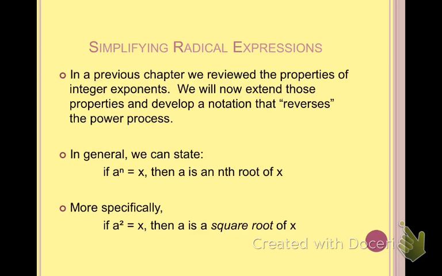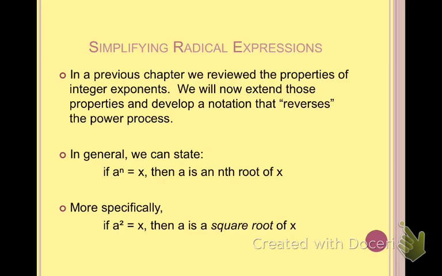Now, previously, we looked at the properties of integer exponents. Now we're going to extend those properties and talk about a notation that's going to reverse that process. So in general, we can state that if a to the n equals x, then a is considered an nth root of x. To be a little more specific, if a squared equals x, then we can say a is the square root of x.